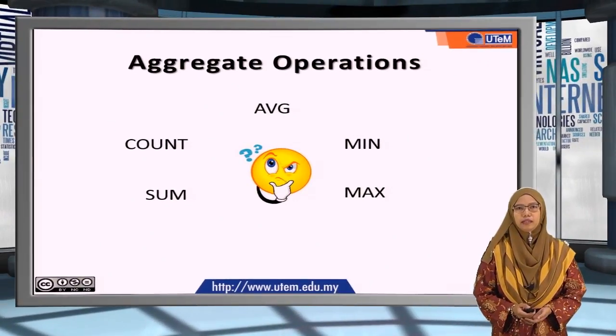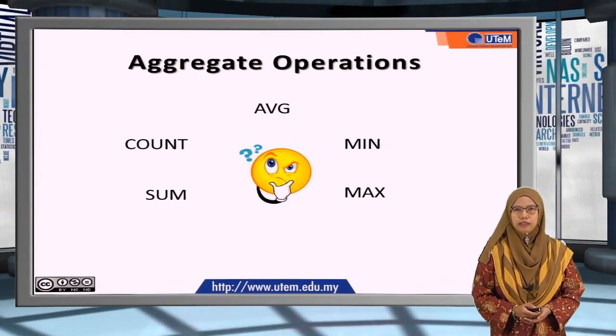Let's start our lesson. What are aggregate operations? Aggregate operations are used to perform summation of data. For example, as in our library management system case study, we would like to know the number of book titles available in the library.